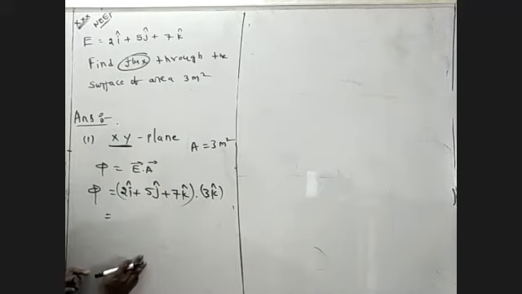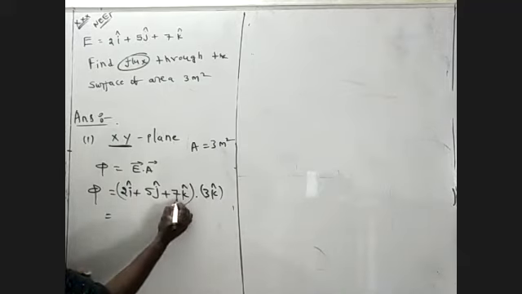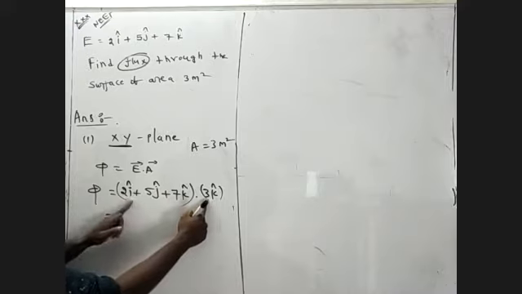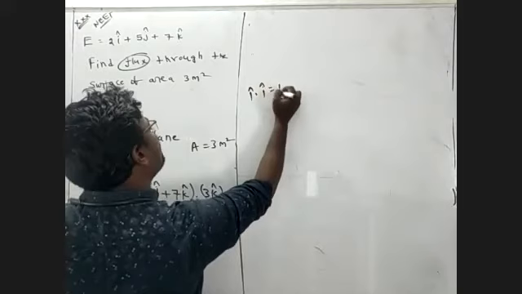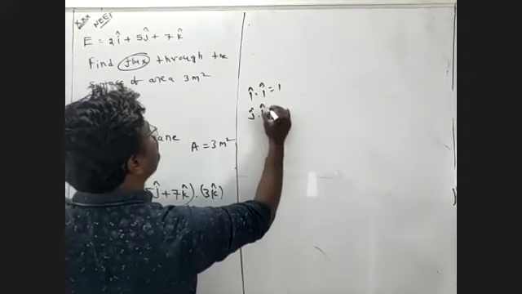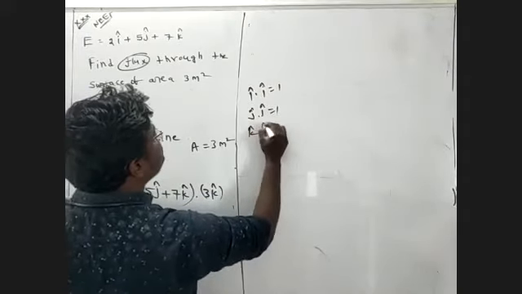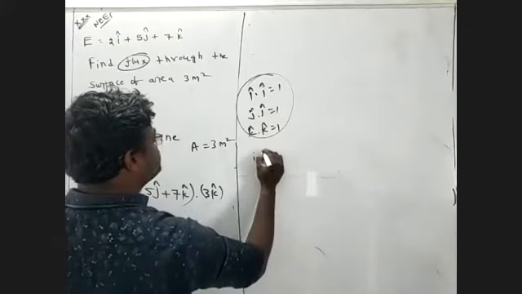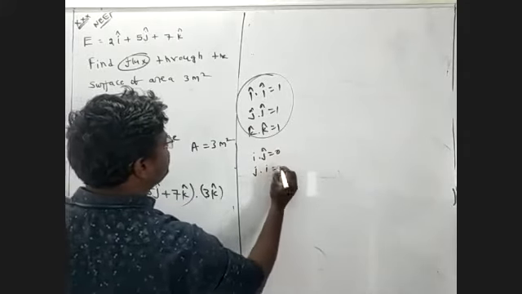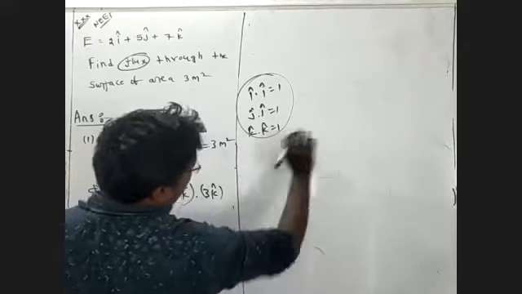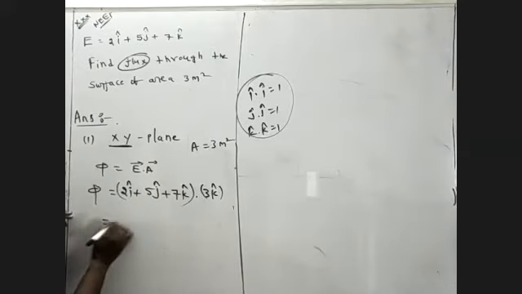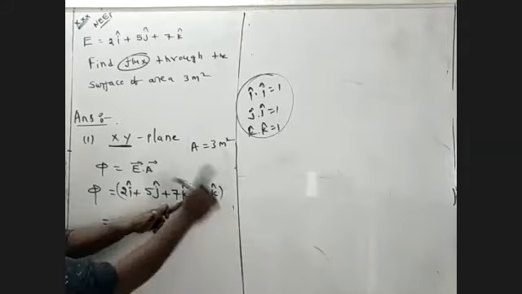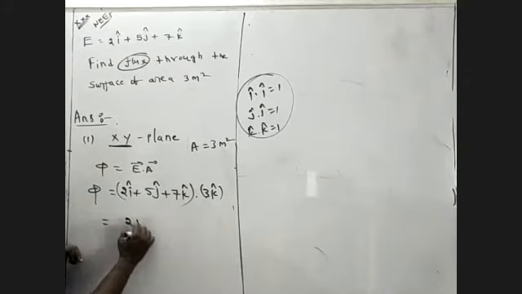Now we know the dot product properties. I dot I is 1, J dot J is 1, K dot K is 1. The remaining dot products, like I dot J and J dot I, are 0. So K dot K is 1, 7 times 3 is 21.